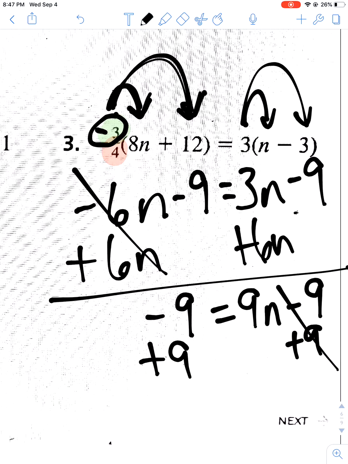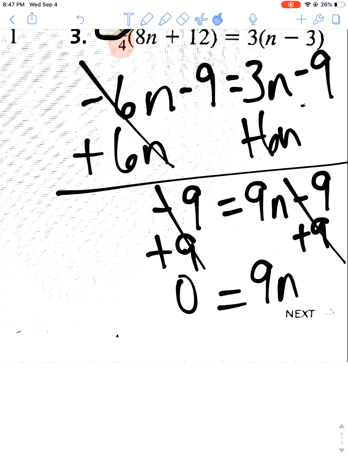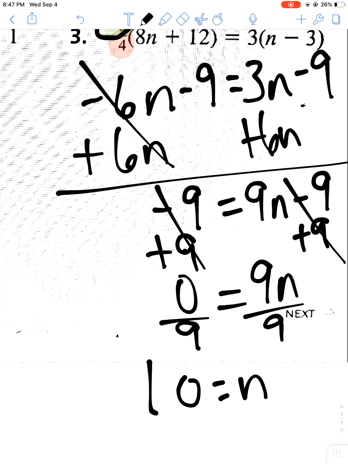Cancels here, but it also cancels here. But I've got to be able to write something over here. So I remember that 9 minus 9 is 0. Now we know once we get to here, we just divide by 9. 0 divided by 9 is 0.